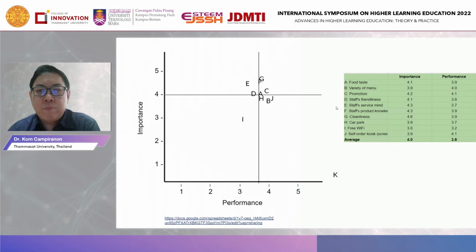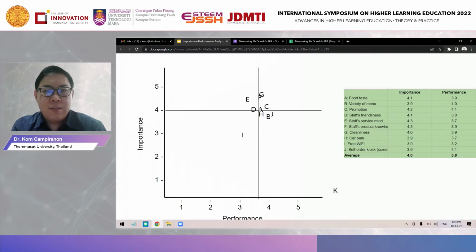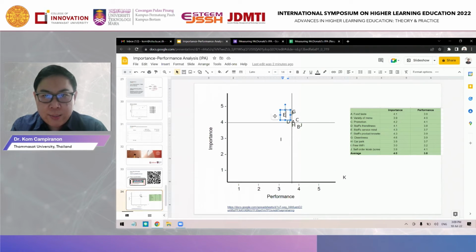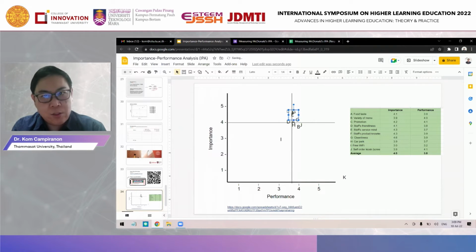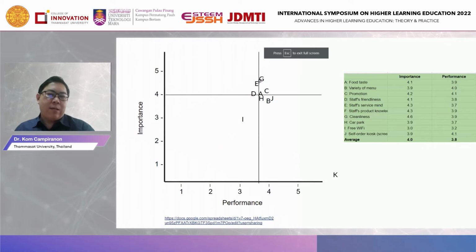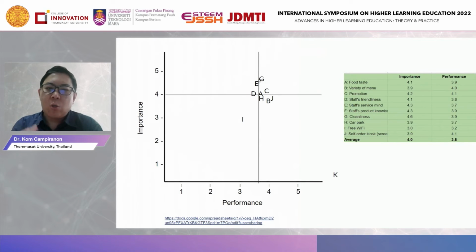But the performance is not very high. The average score is 3.8. Oh, hang on, I put this wrong. Item E should be very close to the line. Still, item E you have to improve first, because of high importance, low performance.